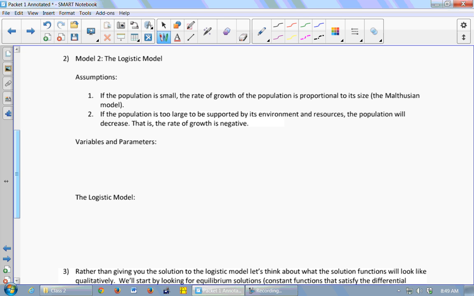All right, so we have to come up with the variables and parameters that are in play here. Because of assumption 1, we have all the same variables and parameters from the Malthusian model, right? So we had P will be population, T will be time, we had a K parameter. This is the constant of proportionality.